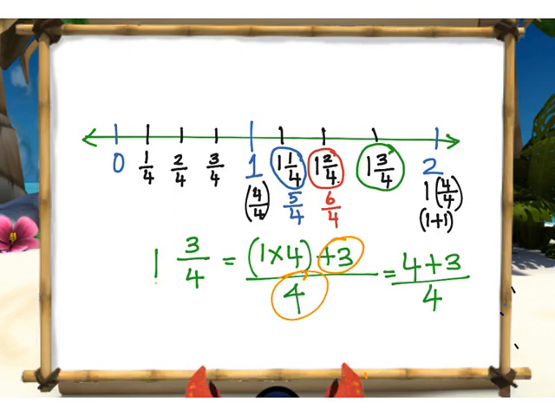So what is 4 plus 3? 4 plus 3 is 7 by 4. So 1 3 by 4 is 7 by 4.